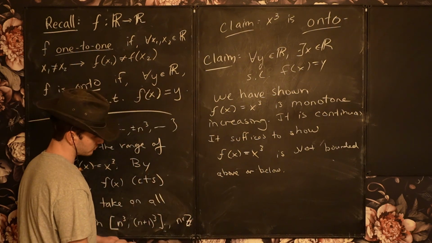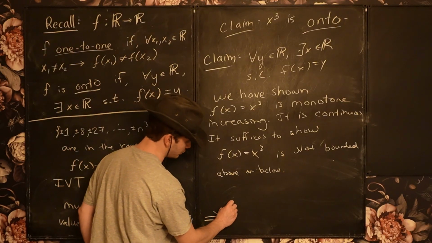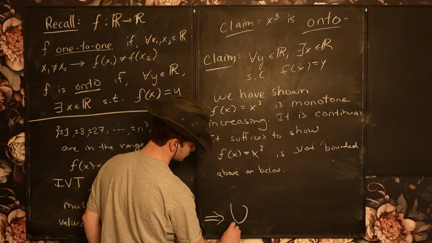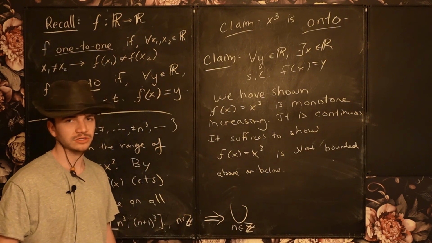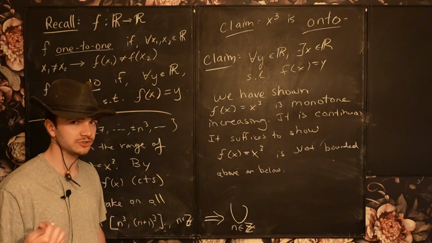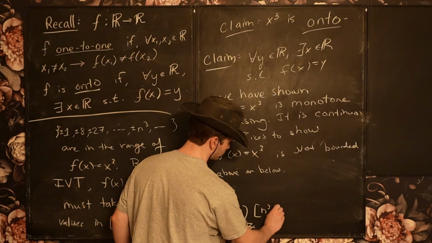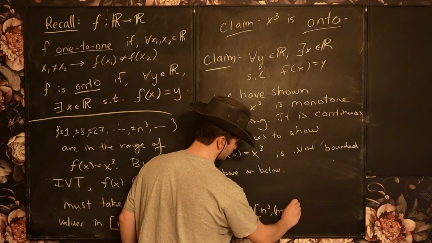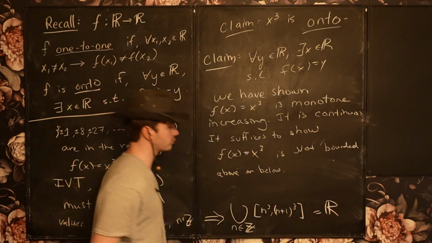And then if we further note that the union of these intervals, n cubed to n plus 1 cubed, where n runs over all the integers, so that's 0, plus or minus 1, plus or minus 2, plus or minus 3, etc., is equal to the whole real line.